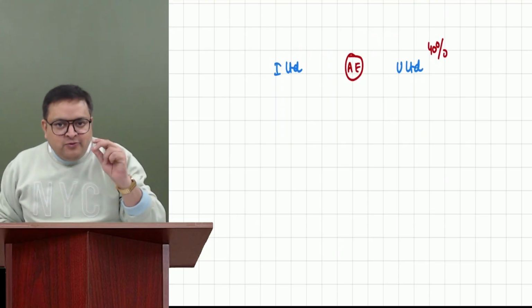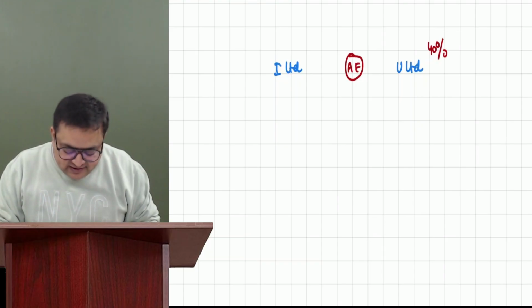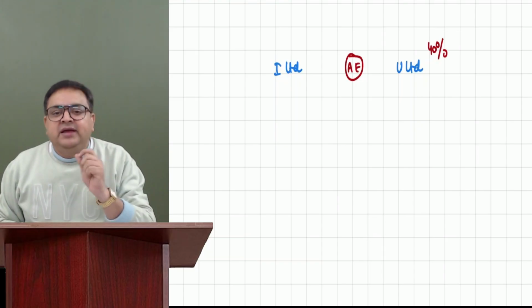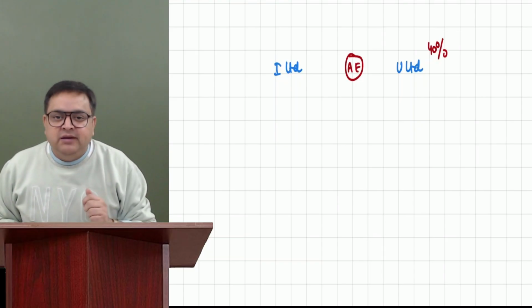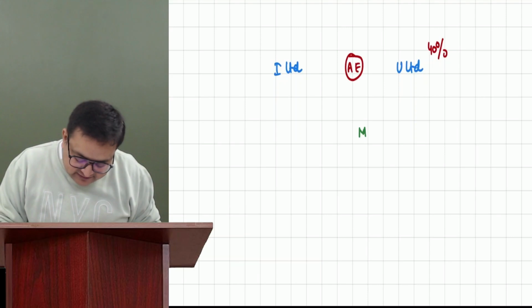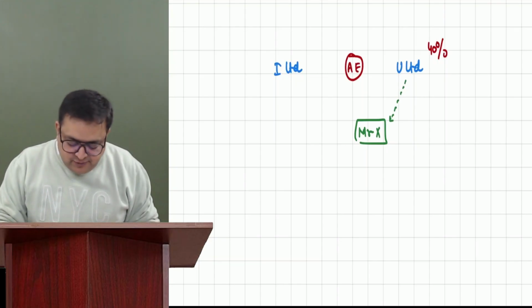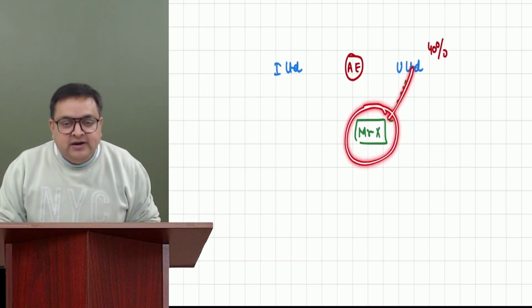So in order to avoid it, let's say, for example, they create a dummy party in between. Let's say U Limited created a dummy party, Mr. X. U Limited makes an agreement with Mr. X that you are actually a dummy party.